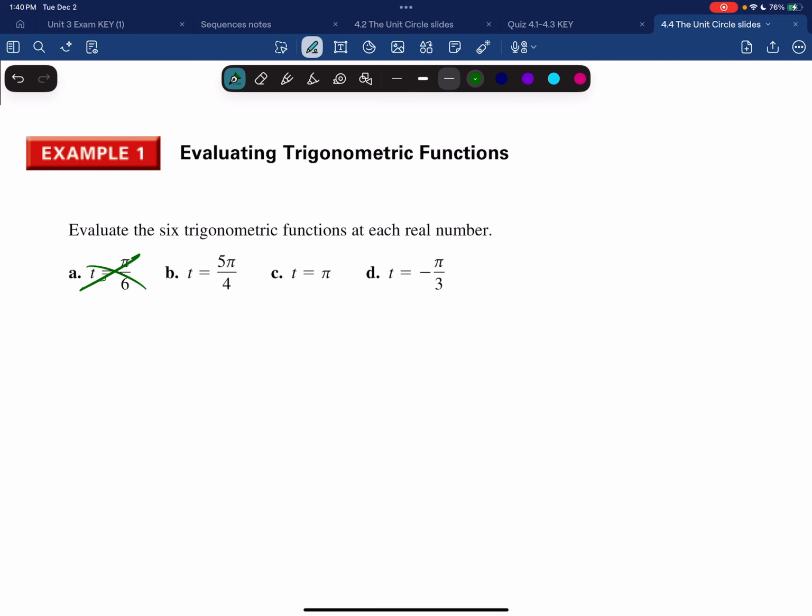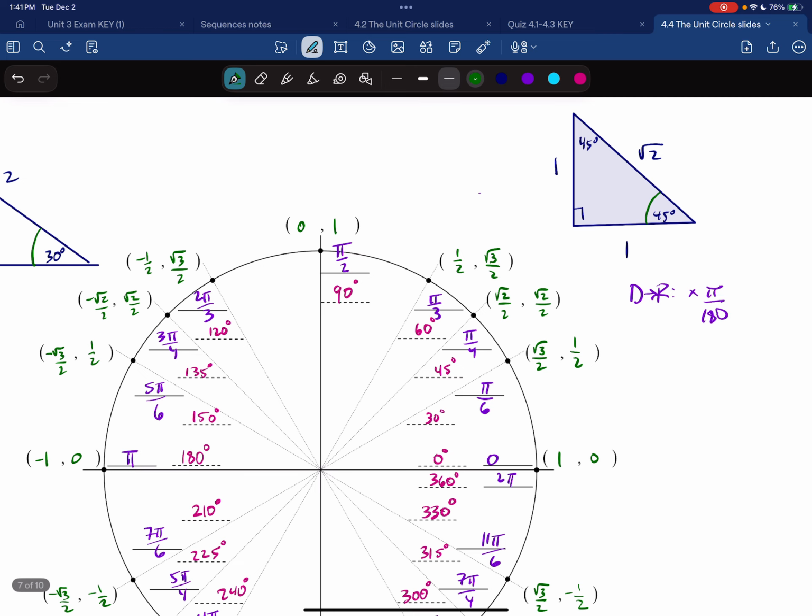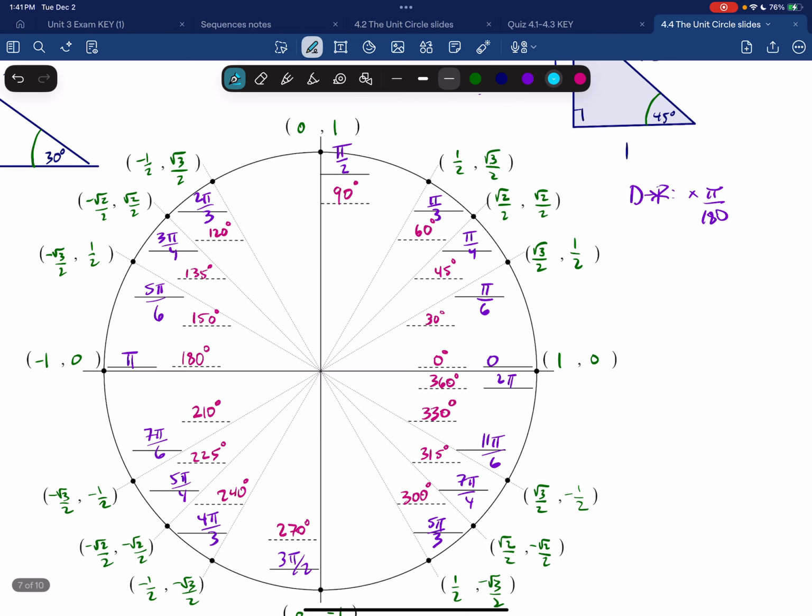All right. So I want sine of 5 pi over 4, cosine of 5 pi over 4, tangent of 5 pi over 4. So, to use my unit circle to figure this out, let's go back to the unit circle. Let's identify the angle at 5 pi over 4.